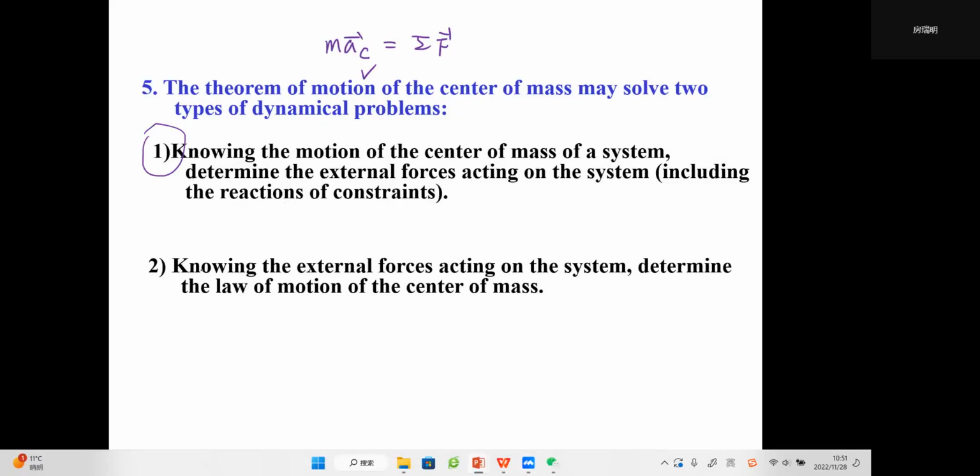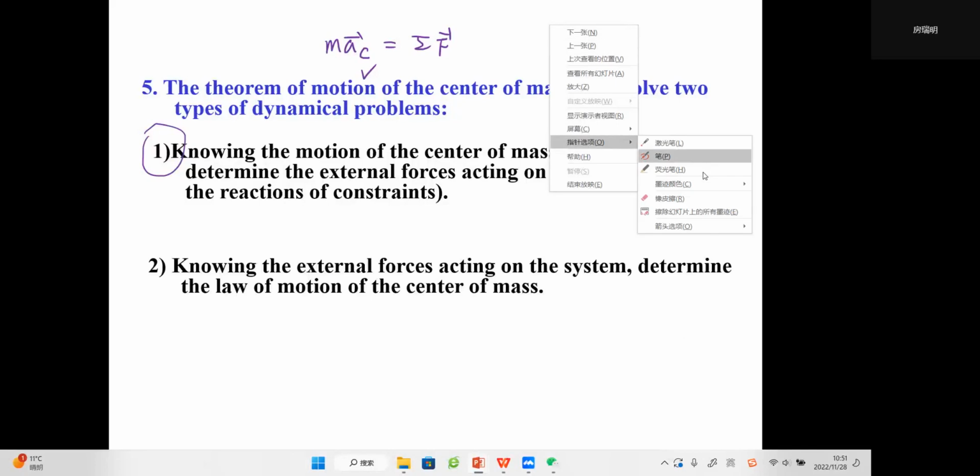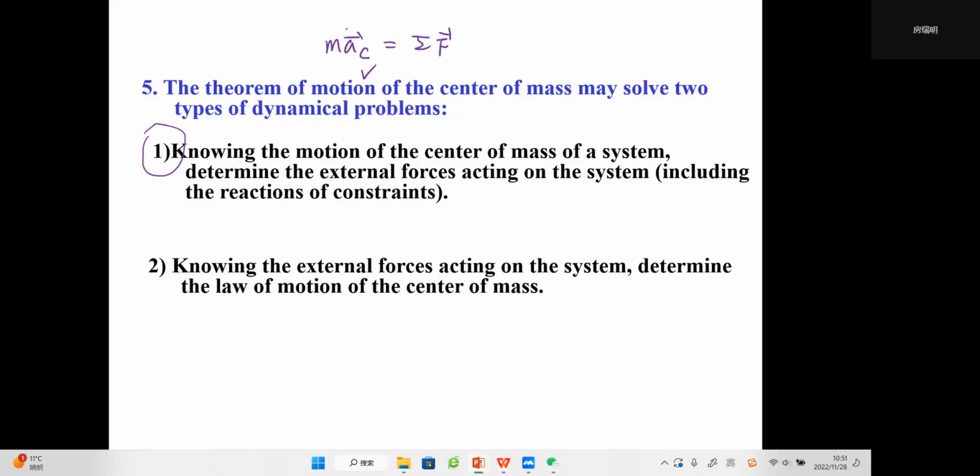The second is we know the external forces acting on the system. That means this time we know sigma F, right? So this time we know the sigma F. If we know sigma F, then we can find AC should equal sigma F over M. Then we can determine the law of motion of the center of mass.